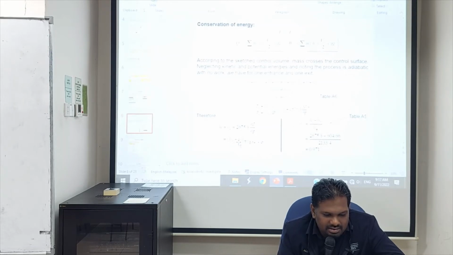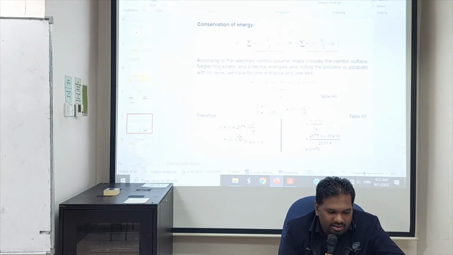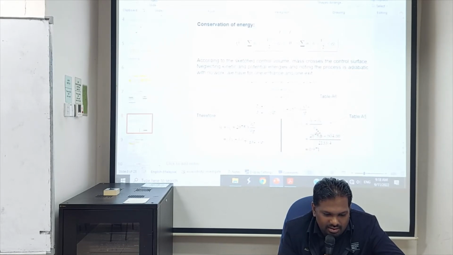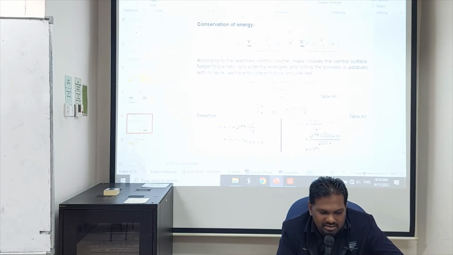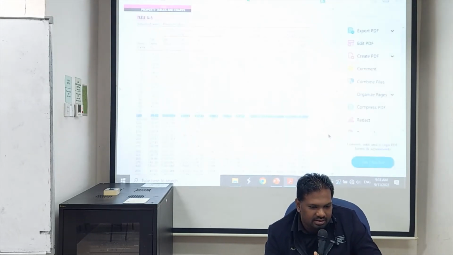HF plus, because we want to find the quality. Quality is the value of X. Okay, H1 equals to HF plus X1 HFG. So you make it like this, you rearrange the formula. Okay, so the values of HF and HFG are given in the table.